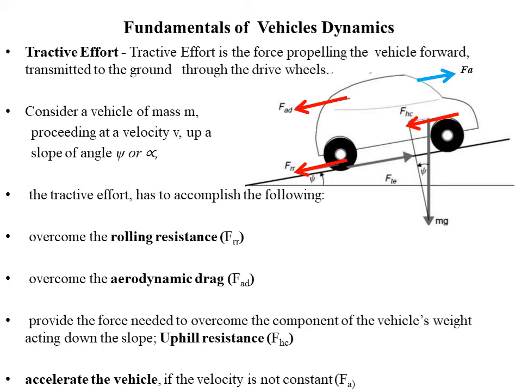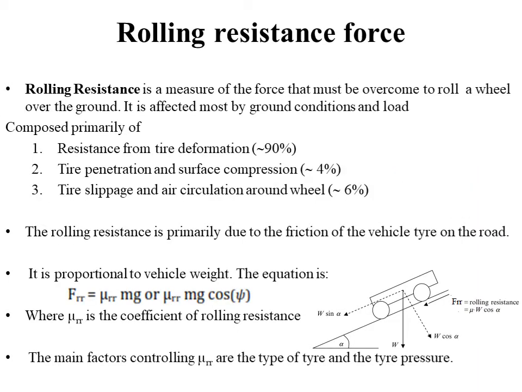The sum of all these forces together is called the tractive effort or tractive force, and it is the force which helps the vehicle to propel in the forward direction. So now we will see one by one these resistive forces which play an important role in the tractive effort.